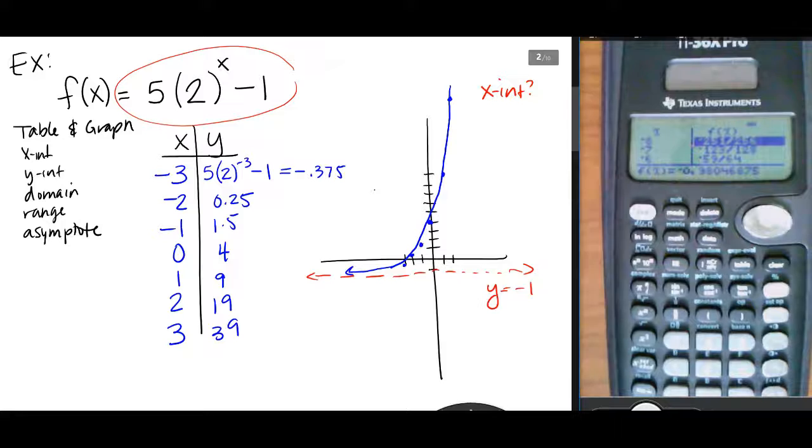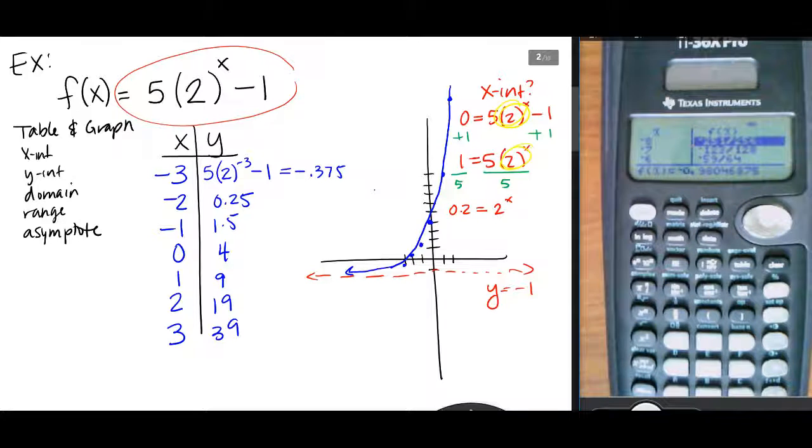If we wanted to find the x-intercept for this, we'd say 0 is equal to 5 times 2 to the x minus 1. And this equation we can actually solve. We can add 1 to both sides. 1 is equal to 5 times 2 to the x. We know from the worksheets today that we have to isolate the exponential piece, so we have to divide by the 5. That's why we're doing this, is all to get this piece here alone. Okay, so now we have 0.2 is equal to 2 to the x.